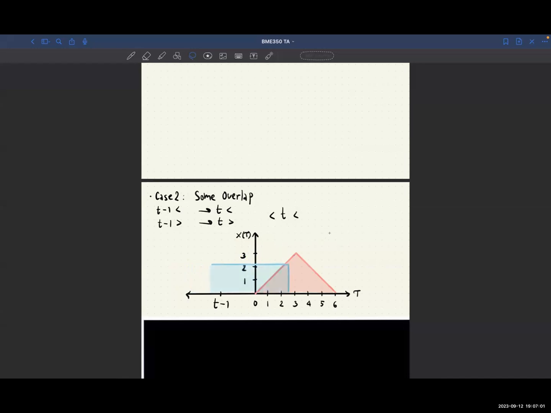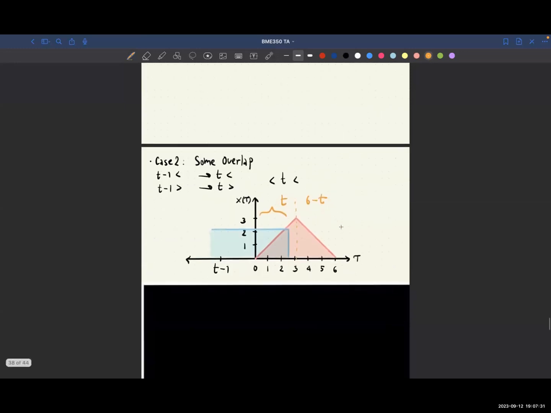And I'm going to stop right here. Why do I stop right here? That's because I only want my h tau to stay in this region of x tau, which does not change the equation yet. This part is t, right? But after that, it's going to be 6 minus t. And I don't want that just yet. I just want to consider it portion by portion first.